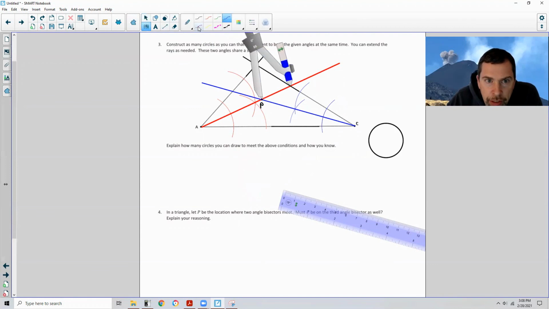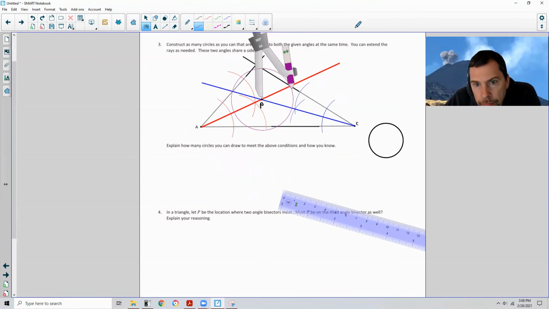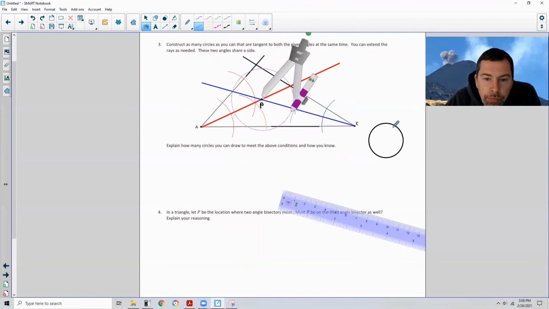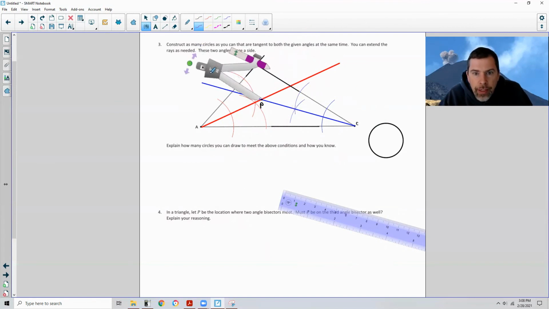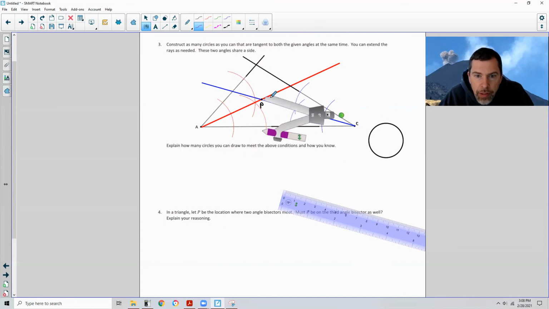And then if I draw a circle, it should be it's too large. Oh, I know why. I can't go out to, I have to be perpendicular. I went out too far.